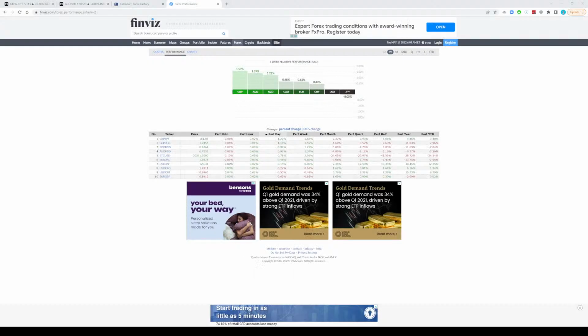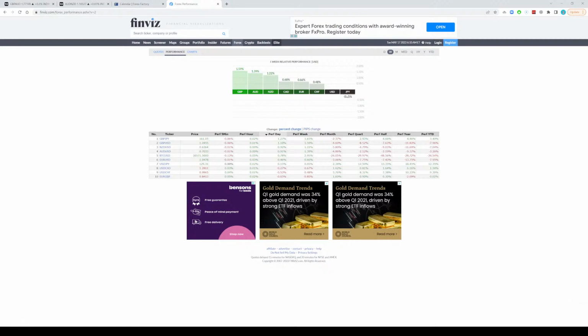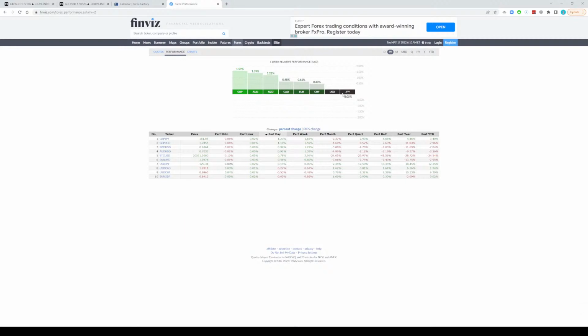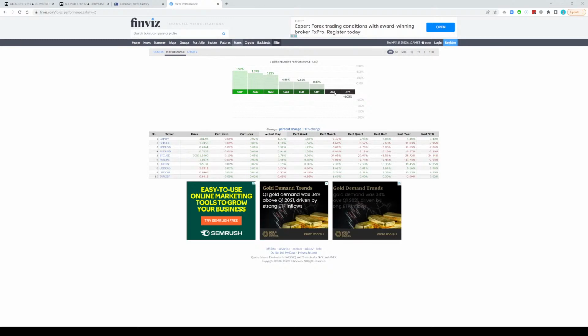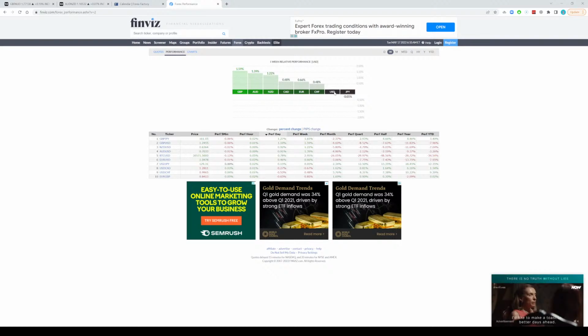If you look here, you can see dollar and yen, the strength is the same, right? So it means that price is gonna go sideways, so you might want to avoid trading that.